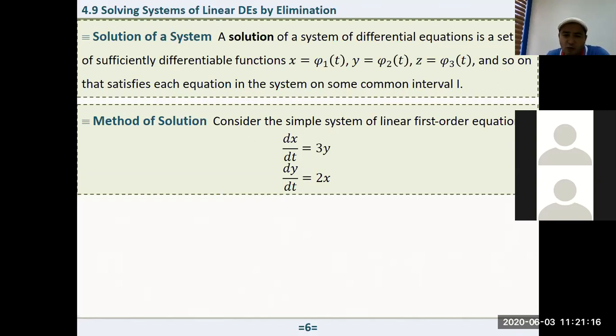All equations in the system should make sense in this interval, because when you pick any input value and substitute it into the function, it makes sense. It makes sense means we are able to evaluate the value of the function. And that's why a solution of a system of differential equations is a set of sufficiently differentiable functions, because it must be differentiable, otherwise it doesn't make sense.